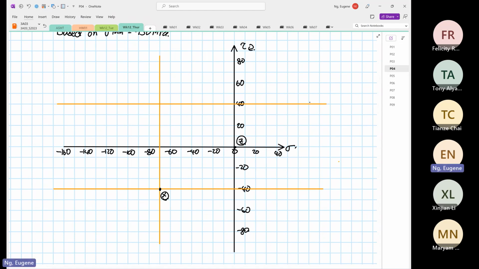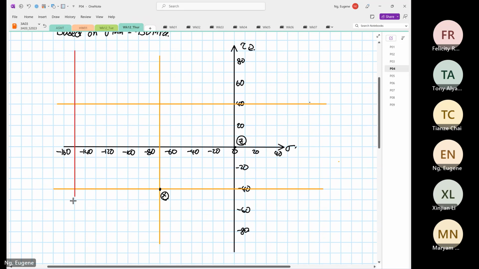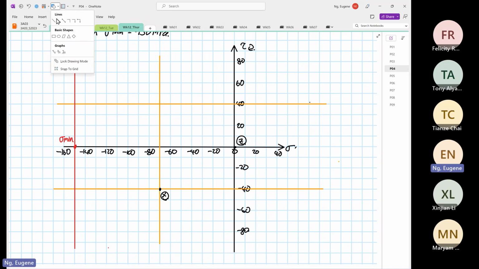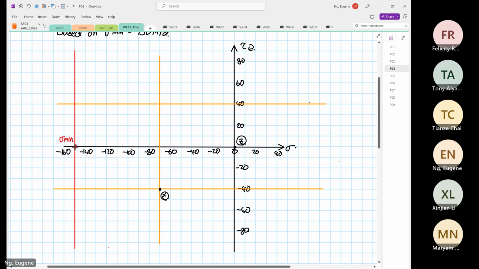And then I'm going to draw the vertical limits. So we are going to use over here. This is our stress mean. So I'm going to draw a line from here to here.